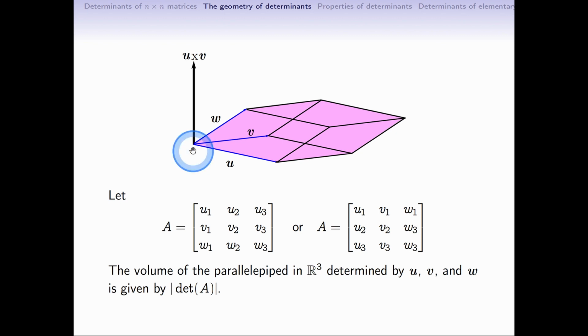We can take the vectors U, V, and W and either feed them into a matrix A as its rows, or we can feed them into the matrix A as its columns. But it turns out that the volume of the parallelepiped in R3 determined by U, V, and W is given by the absolute value of the determinant of A.